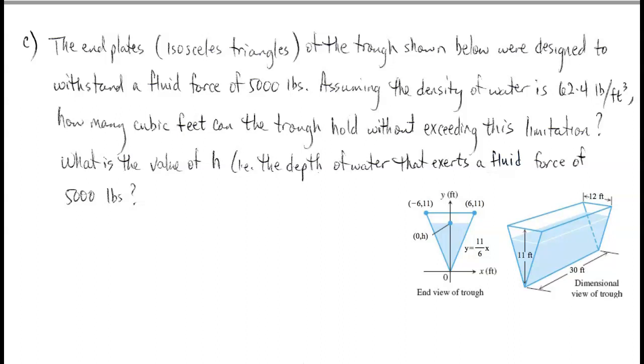The only information that we have other than the dimensions of the trough is the fact that the water we're pouring into the trough weighs 62.4 pounds per cubic foot. Now, to model this problem, we are going to have to look at force differently. So I'm going to sidetrack here for a second so that we can see how to look at force differently so that we can model this situation.